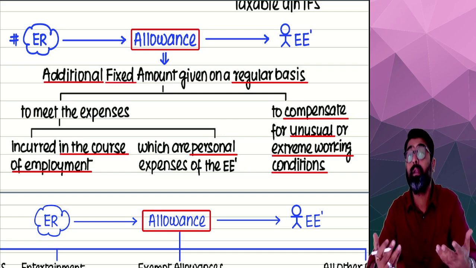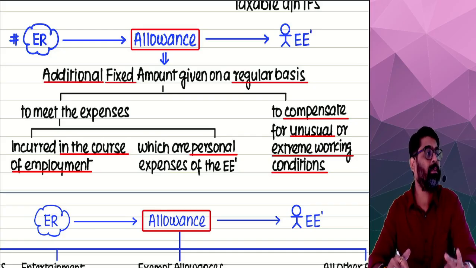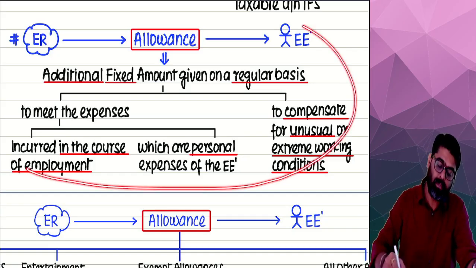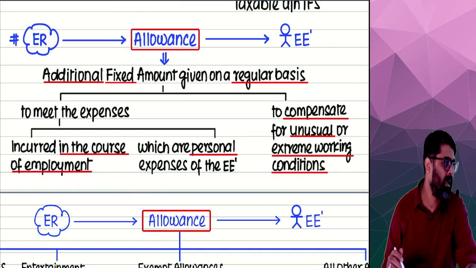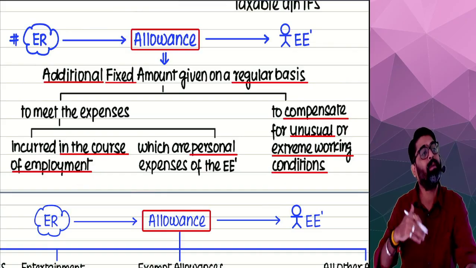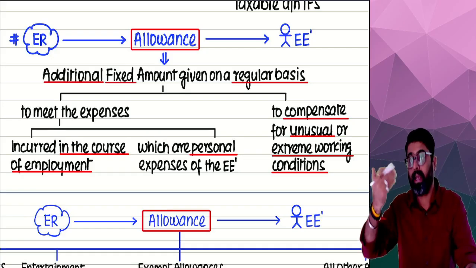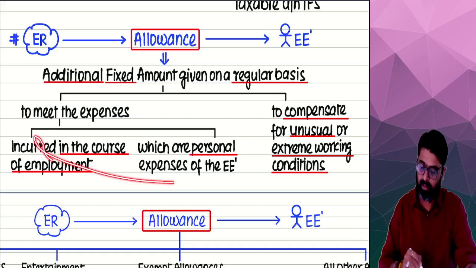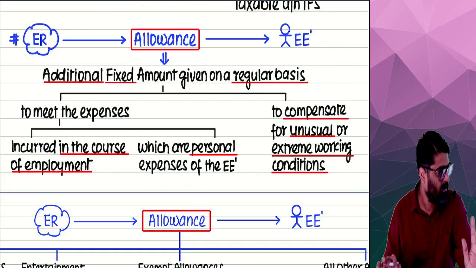It can be given as compensation for unusual or extreme working conditions. Yes or no? This is the meaning of allowance. It is never asked in the exams and will not be asked. But for understanding and remembering the concept, this meaning is required. Now, did you understand the meaning?